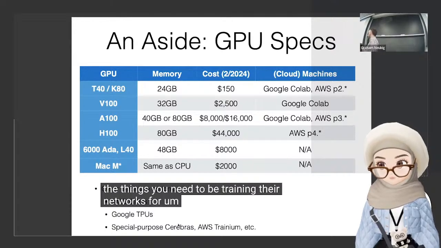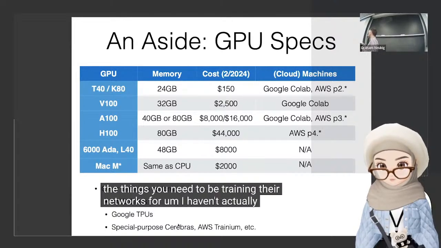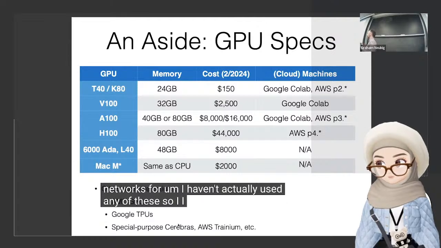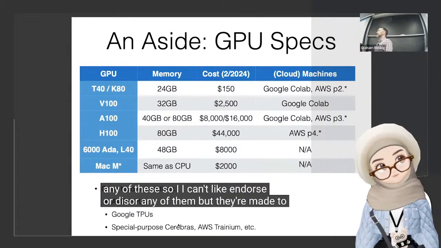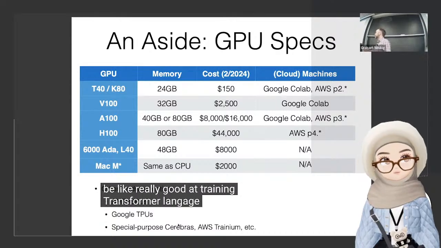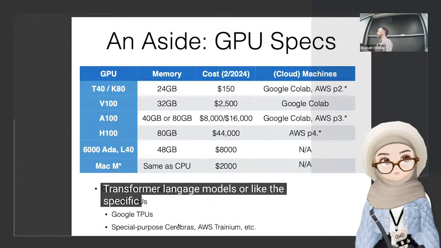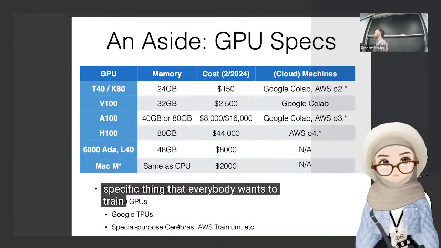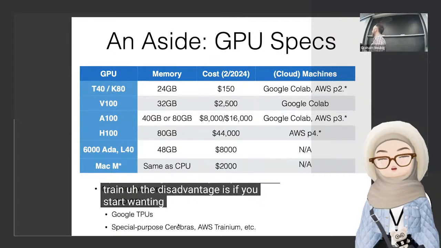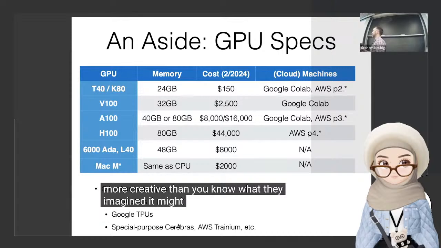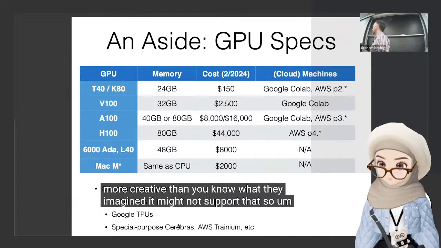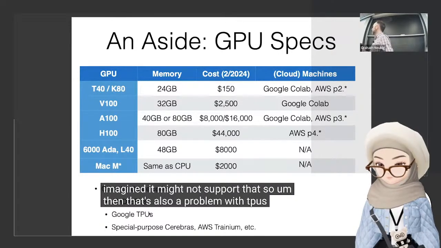I haven't actually used any of these, so I can't endorse or disendorse any of them, but they're made to be really good at training transformer language models, the specific thing that everybody wants to train. The disadvantage is if you start wanting to be a little bit more creative than what they imagined, it might not support that. That's also a problem with TPUs.